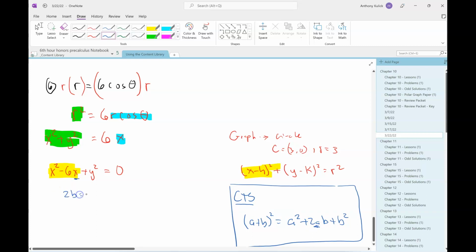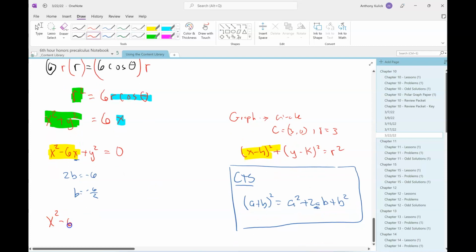So I know 2b is negative 6, so b is negative 6 over 2, or negative 3. So what I'm going to do is add negative 6 over 2 squared to both sides. I could write that as negative 3 squared also, but since these are notes, I'm going to write it as negative 6 over 2, so hopefully it's a little easier to see where it's coming from.